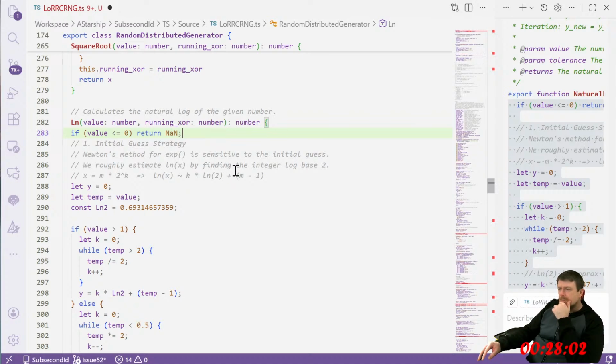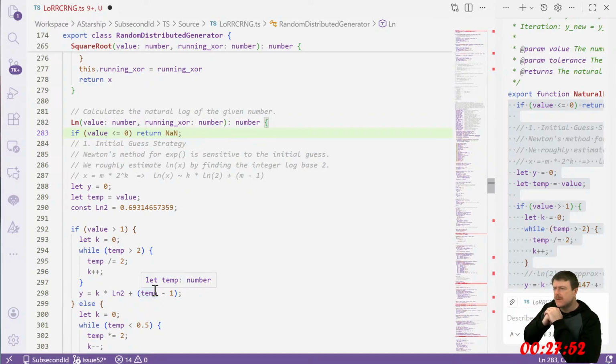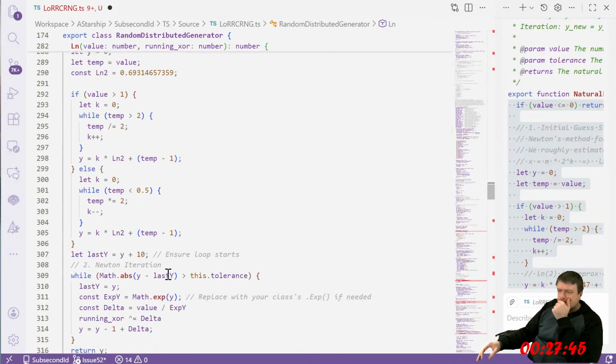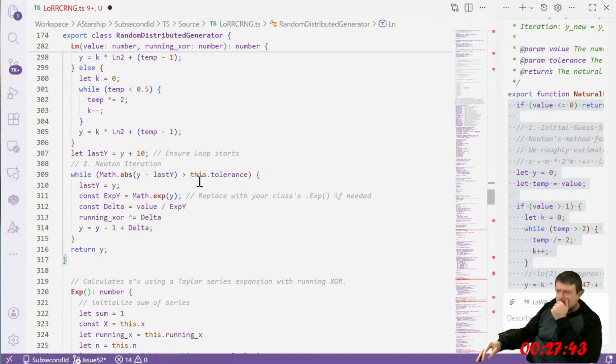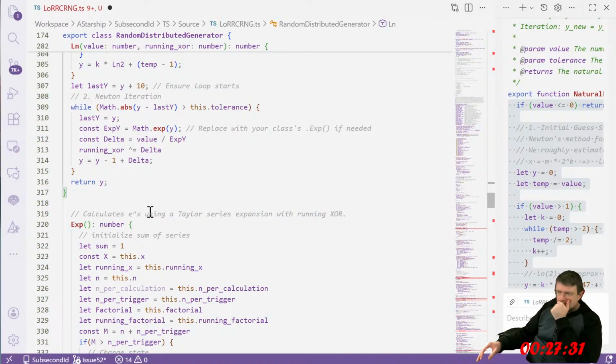Okay, we got the natural logarithm, right? Between 0 and 1, the natural logarithm is negative, and it goes down to a negative infinity asymptote. EXP.